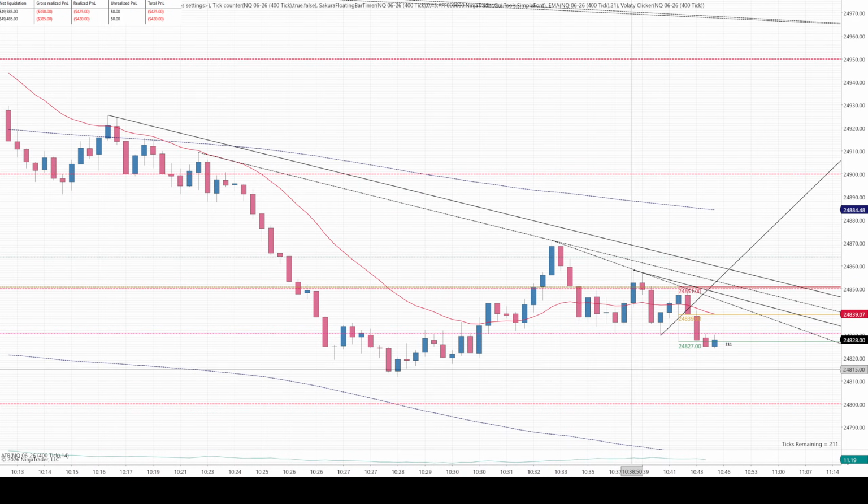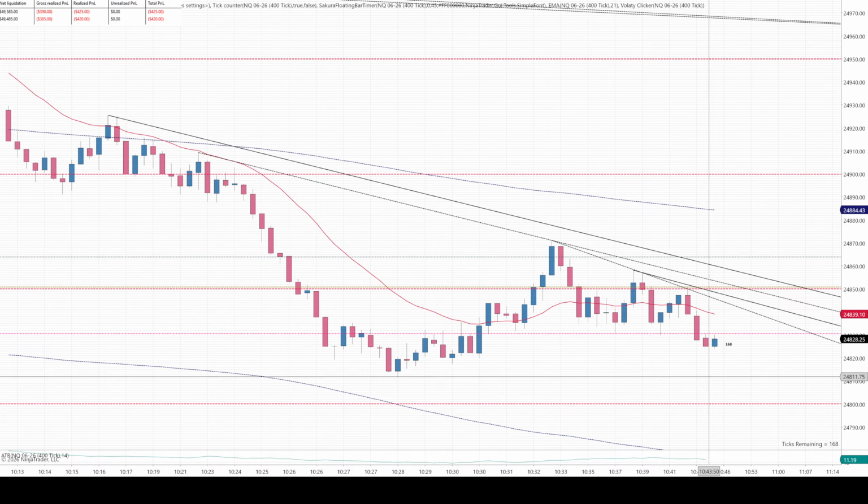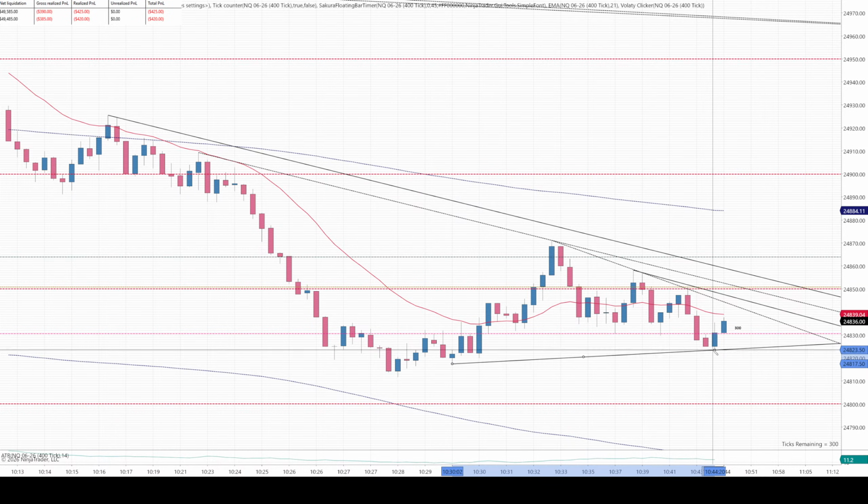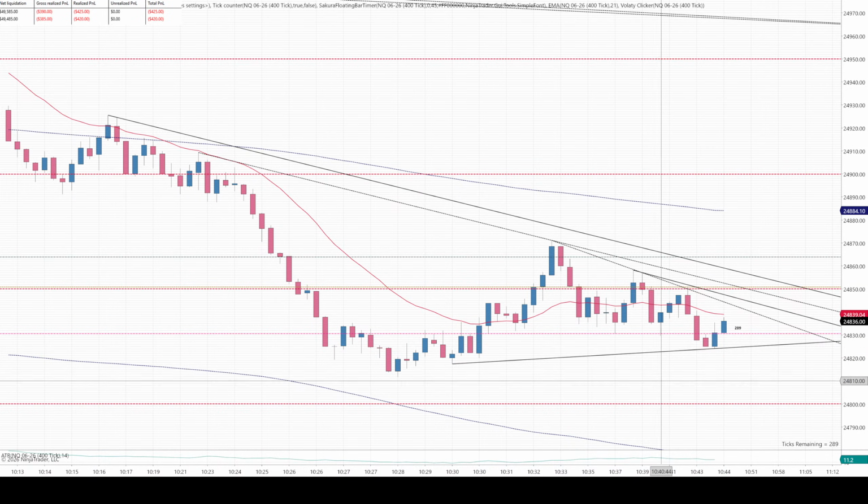There we go. Problem with this pullback is now we create another upward trend line.